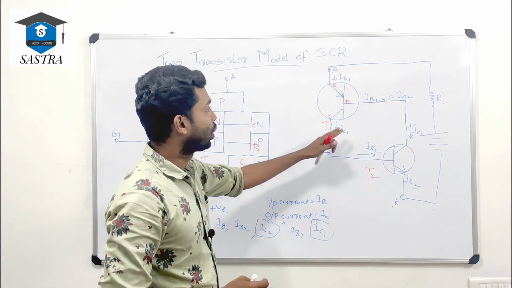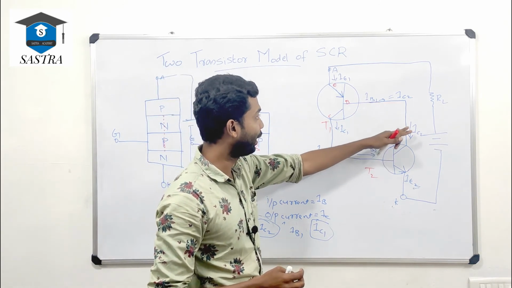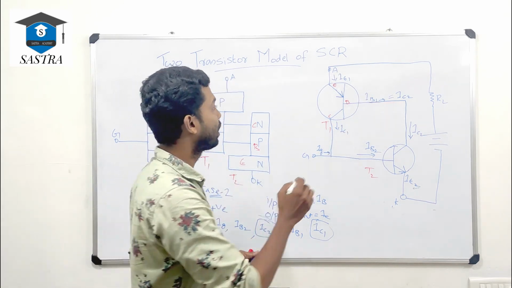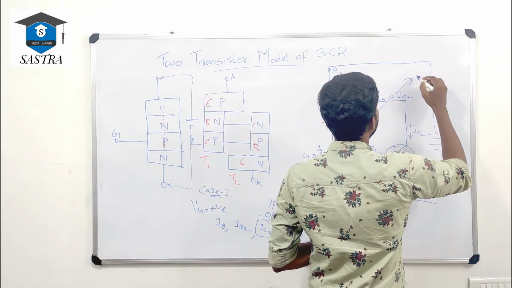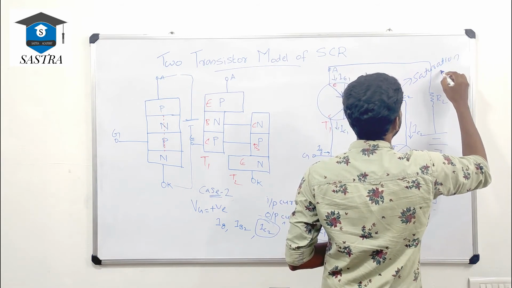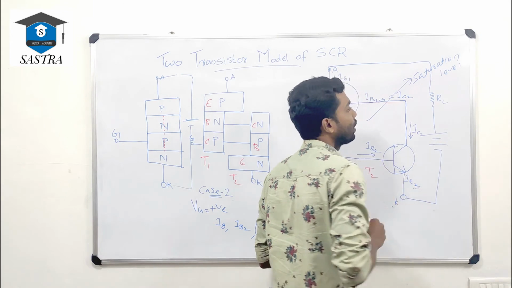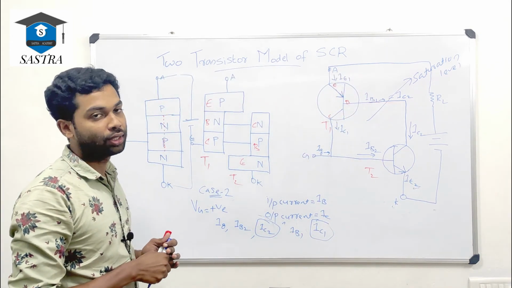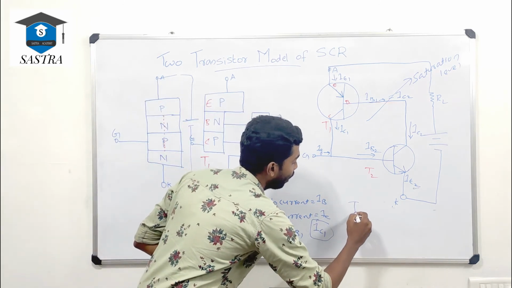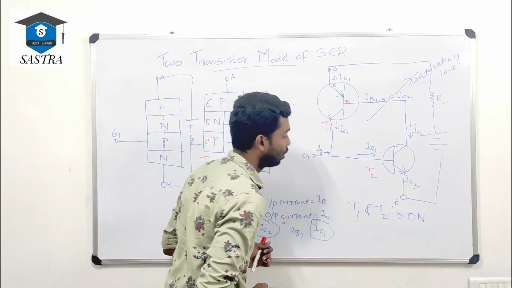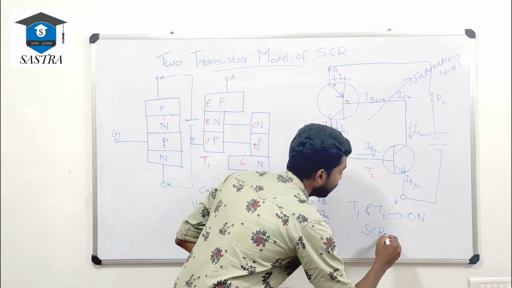That is, the two transistors are providing input current to each other. That means these two transistors are working in saturation. Once they are saturated, they remain in the fully on state. That means T1 and T2 are on, that is, SCR is on.